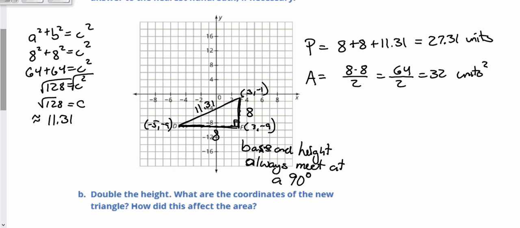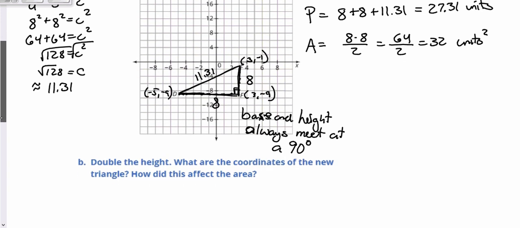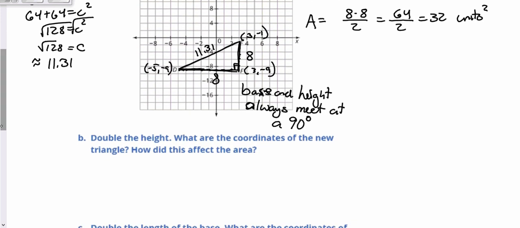Okay, all right, and we can go through and see real quick, what if you doubled the height? I'm not going to worry about what the coordinates are. If I double the height, I can figure that out, but how does it affect the area? So my height, let's just say, is 8, because it's either going to be 8 or 8. They're the same number. So now I have area is equal to 16 times 8 divided by 2.